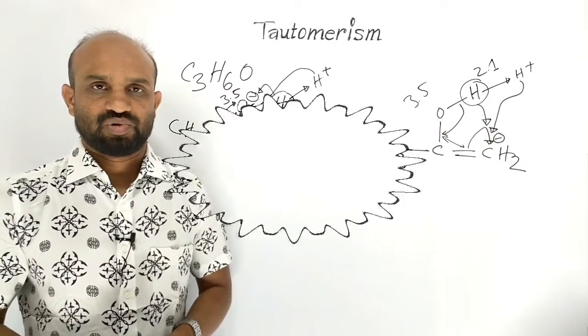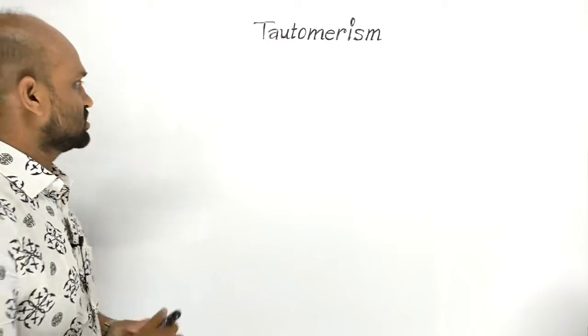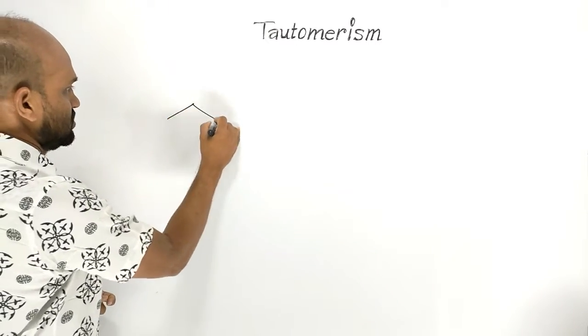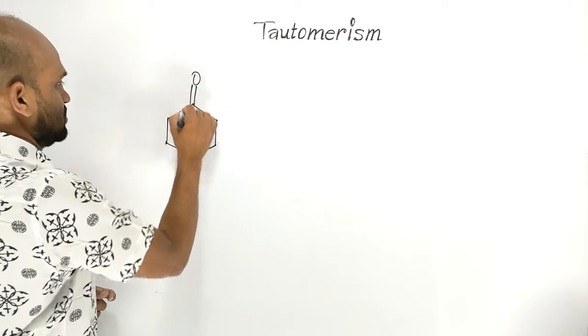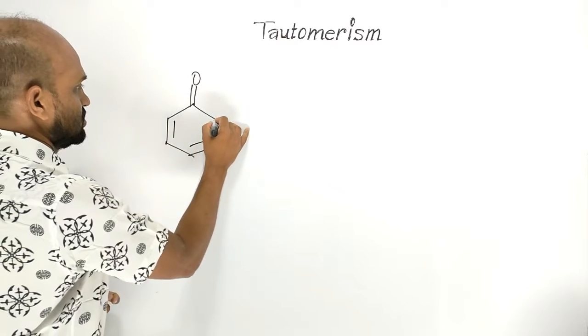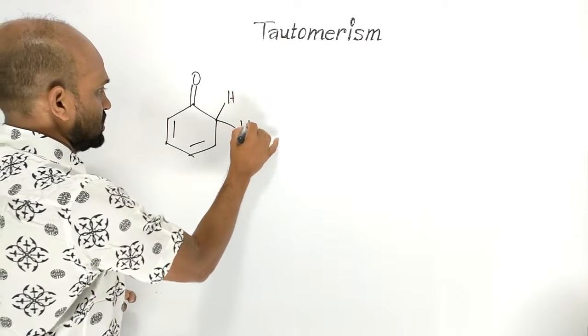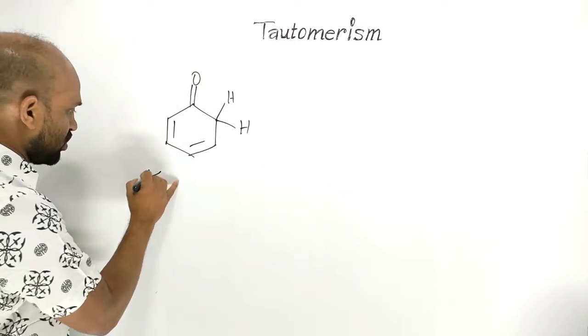Let's see another example. Tautomerism between keto form and enol form of phenol. Let's write the compounds. This is keto form of phenol.